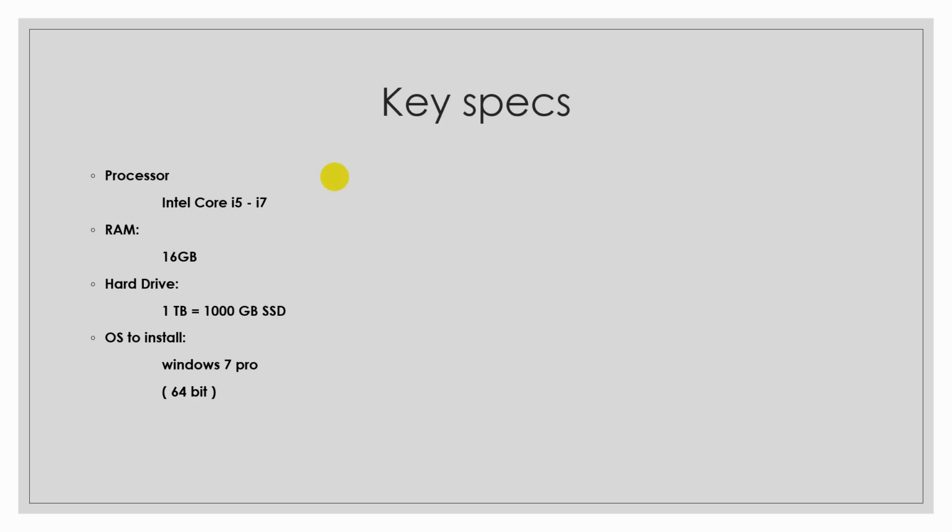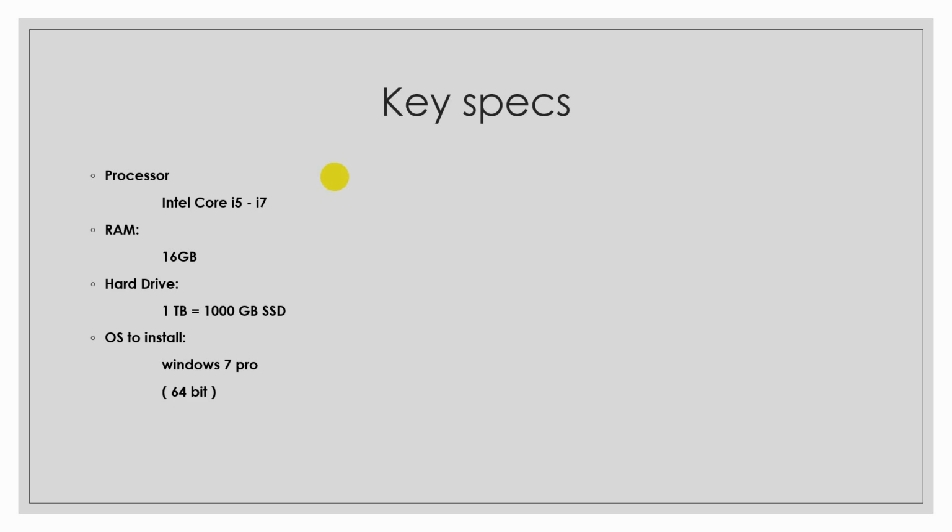For the hard drive, magnetic type hard drives earlier used to come, and now also laptops come with the magnetic type of hard disk, but I recommend the latest technology, that is SSD, and the memory size would be 1 TB, for example to store your movies, videos, and all your projects and PPTs.